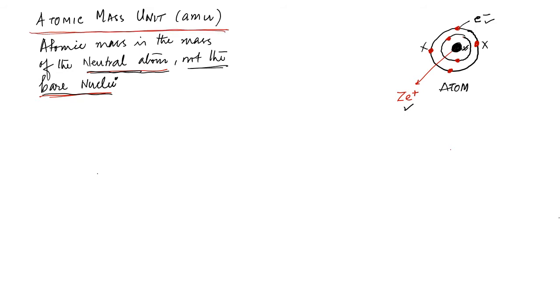So an atomic mass always includes the mass of its Z electrons. Let me write it like this: atomic mass is the mass of the protons plus the mass of the neutrons plus the mass of the electrons.